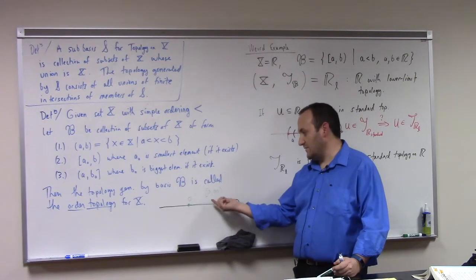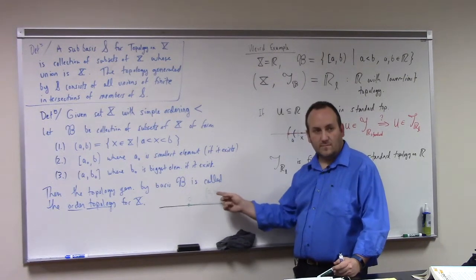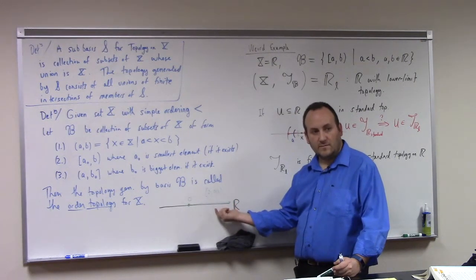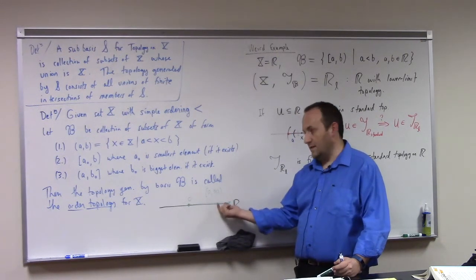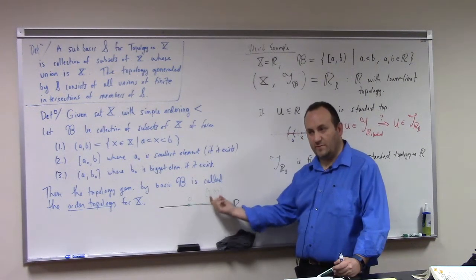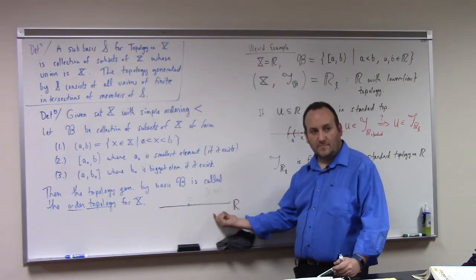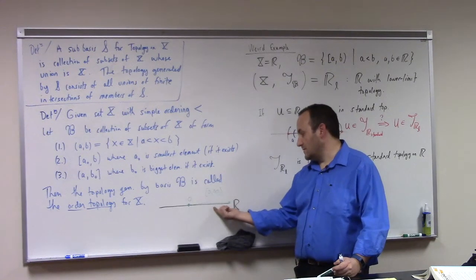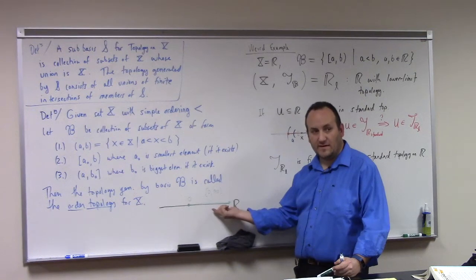Those intersected would give us half open intervals including 0, like 0 to A, not included. And if our open interval happens to not be over 0, it would just give us a plain old open interval, right? Those are the basic open sets in the subspace topology.